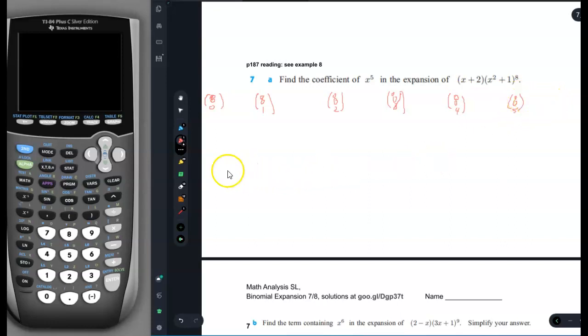Okay, and then it goes to 8 chooses 6, 8 chooses 7, and 8 chooses 8, and that's the end.